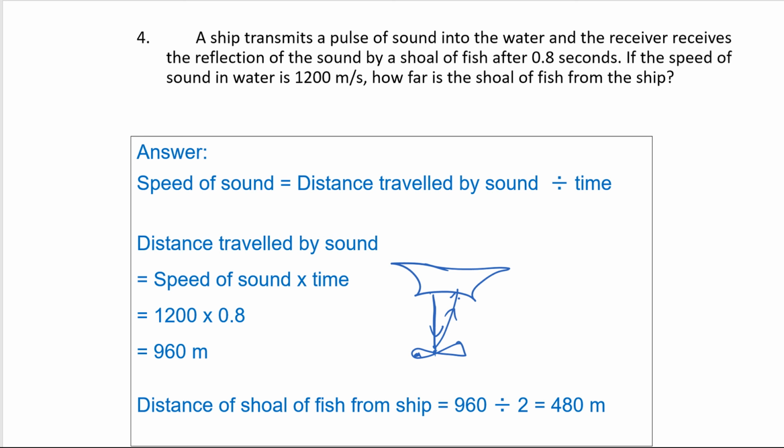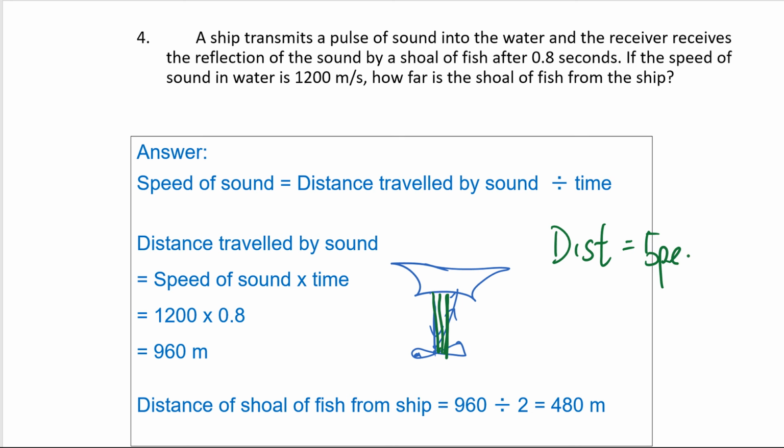But if I only want to know how far the ship is from the fish, I will then divide by 2 because I only want to know this distance, right? 960 is actually this plus this, coming back again. So 480. Similarly, you could do it by taking one way.